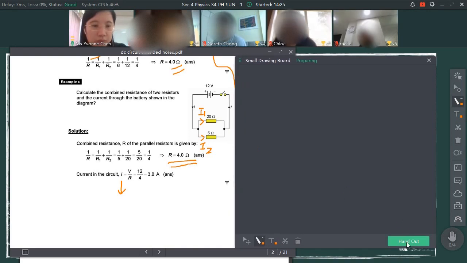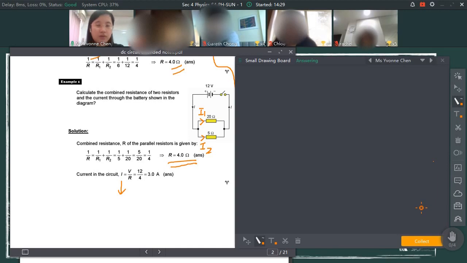So I have given you the drawing board. Do your working on a piece of paper and then take a photo and upload. I want you to find I1 and I2 respectively.